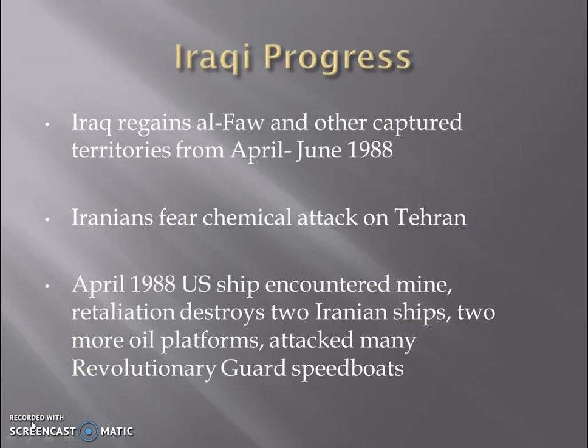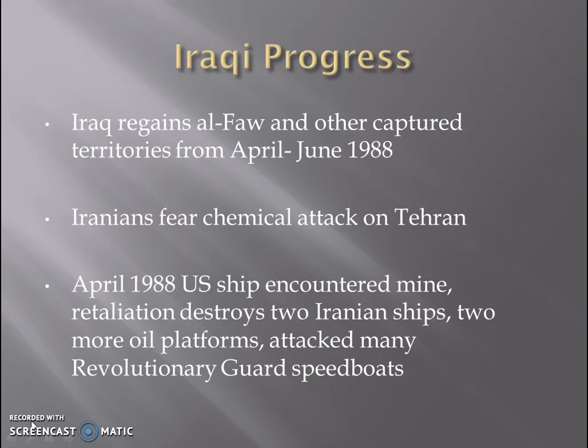Both sides had used chemical weapons in this war on the cities, but in largely unpopulated areas. At this point, the Iranians fear that Iraq will step it up and launch a chemical attack against Tehran, which is really breaking the morale and the support of the Iranian people for this war.